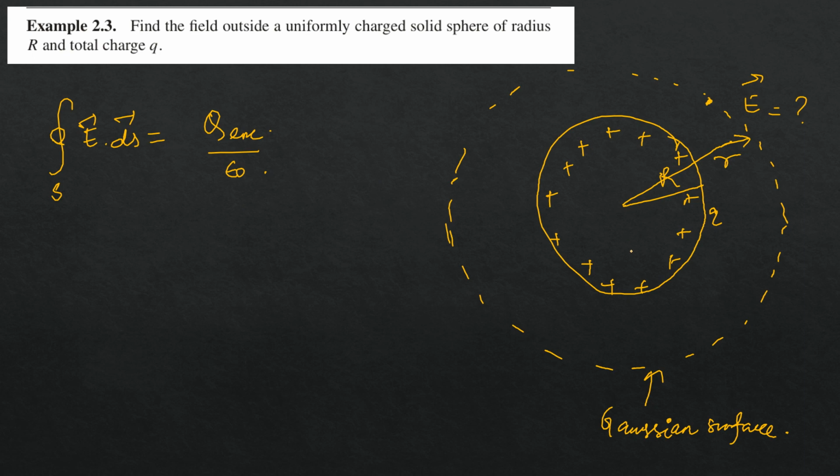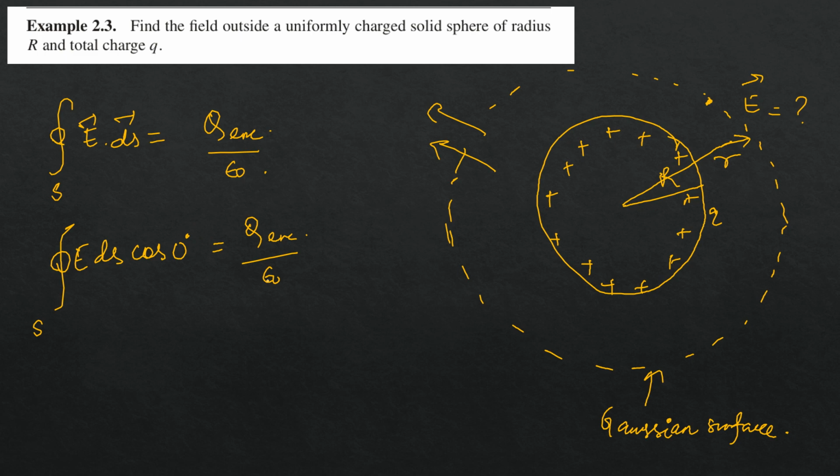Here E is pointing radially outward, and your surface area ds is also outward, so they're in the same direction. So this is E ds cos 0, which is equal to Q enclosed by epsilon naught.